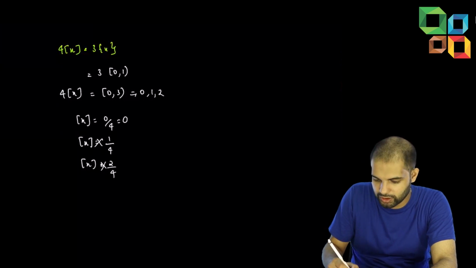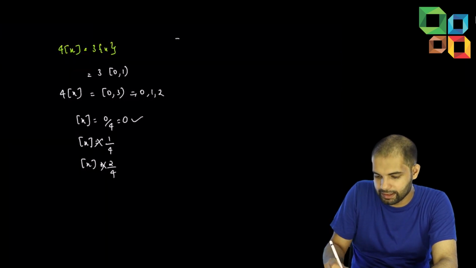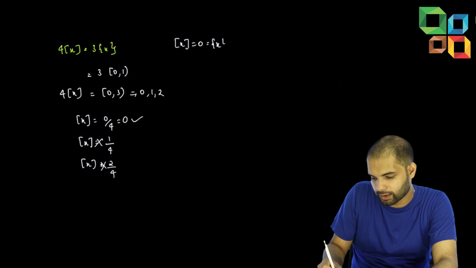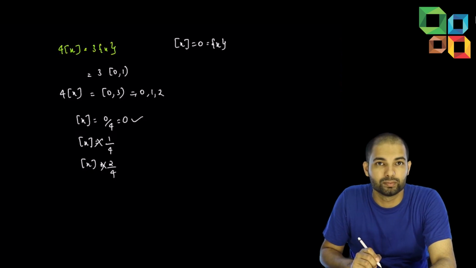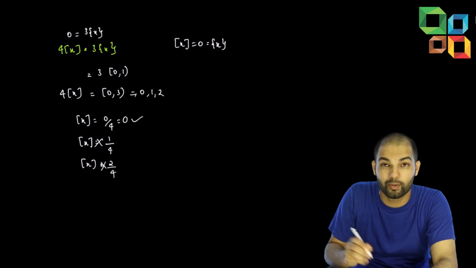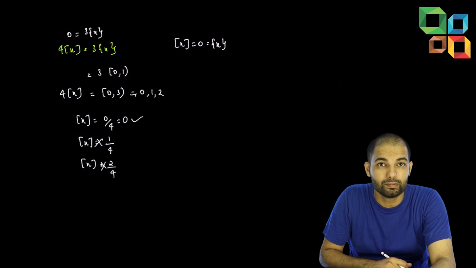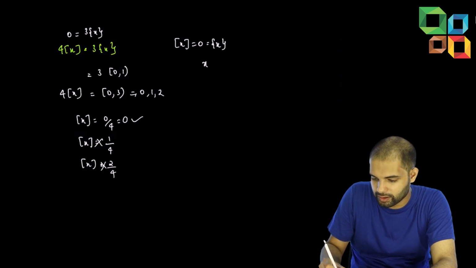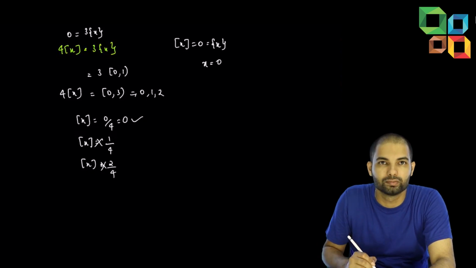So the only solution here is integer part of x is equal to 0, and obviously fractional part of x is also 0, right? How do I know that? Well, I simply substituted here. This is equal to 3 times fractional part. So fractional part must be 0. So the solution which I'm getting is x equal to 0.